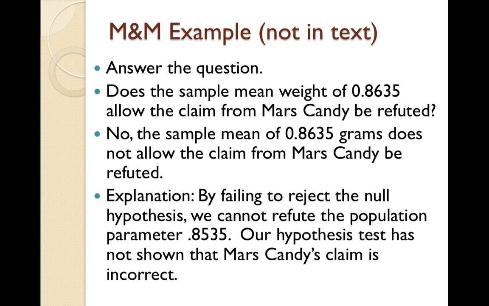And the reason is, when you fail to reject the null hypothesis, you cannot refute the population parameter 0.8535. Okay, this number is what our population mean was stated to be in our null hypothesis. We failed to reject the null hypothesis, and so we cannot reject 0.8535. Our hypothesis test has not shown that Mars Candy's claim is incorrect.